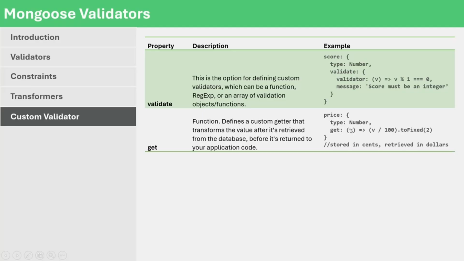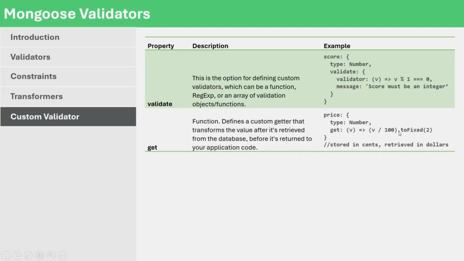So let's say this v here is going to give us the value from the database, the value of this price field from the database. And before we use it, we are transforming that value. So let's say the price is stored in cents, but when we want to use this price in our code, we want to use it in dollars. So before using it, using this get option, we are transforming the price in cents to dollars.